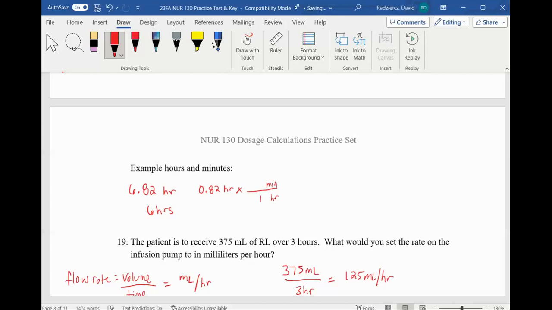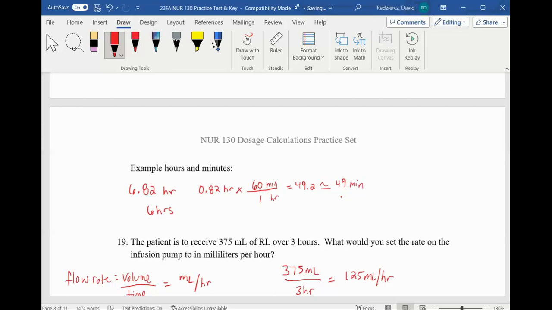And you know, and I know, that 1 hour is the equivalent of 60 minutes. And so what we're going to do then is take that 0.82 times 60, and I'm going to get an answer of 49.2. So we can round that answer, and that's going to be 49 minutes.